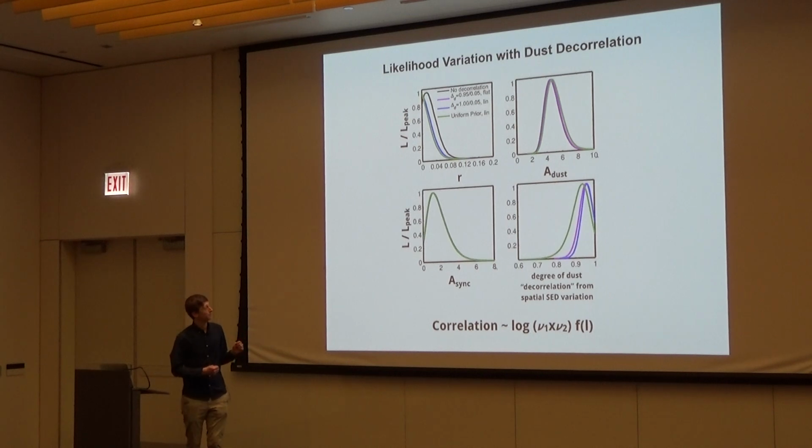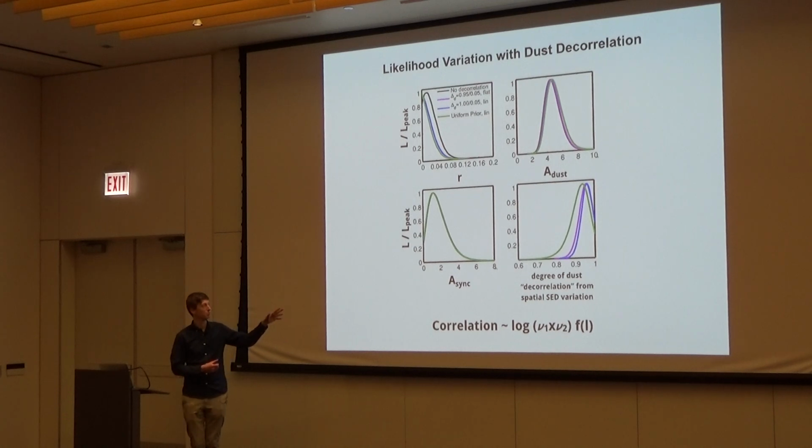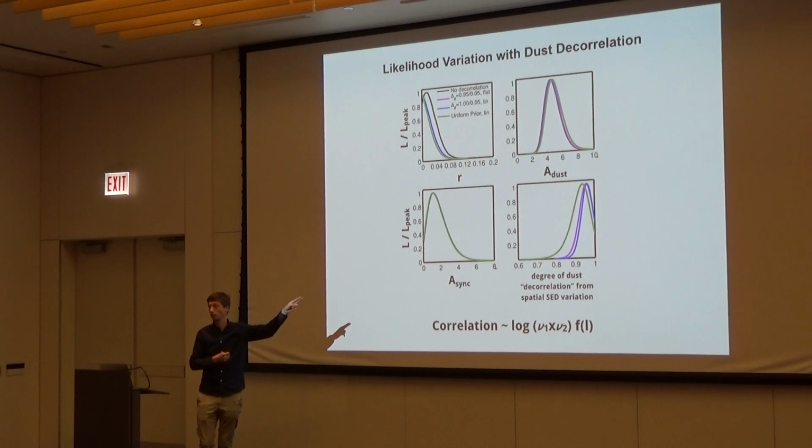Okay, so there's several curves here, and those have to do with choice of priors. So the green is sort of the loosest. So there we did not include any prior on this decorrelation parameter. And of course, you can see that it then has the broadest distribution in the bottom right hand plot.